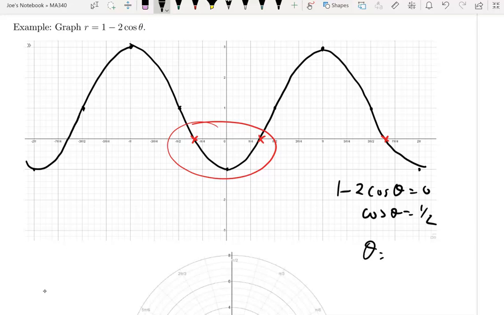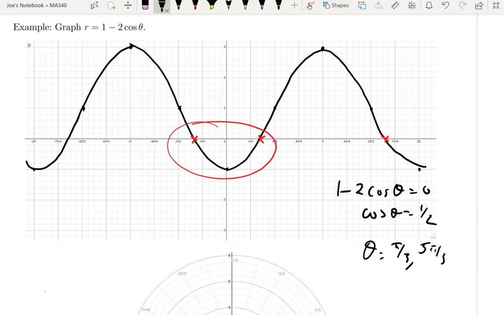You get pi over 3. What else? That was the one that was in quadrant 1. What other quadrant will we be looking in? Yeah, the 5 pi over 3 in quadrant 4, right? Or negative pi over 3, that also works, because I could see them on the graph there, right?